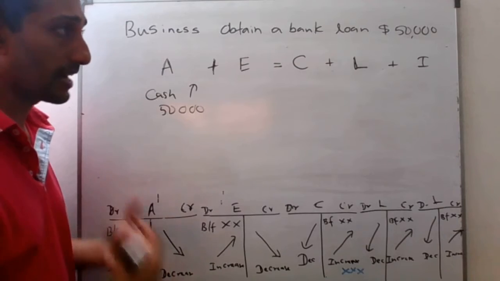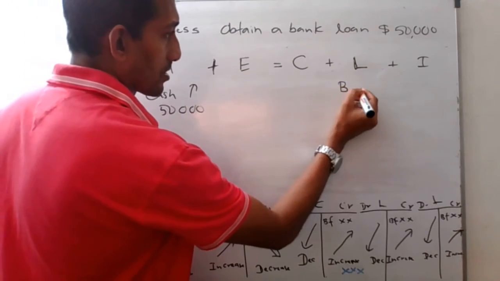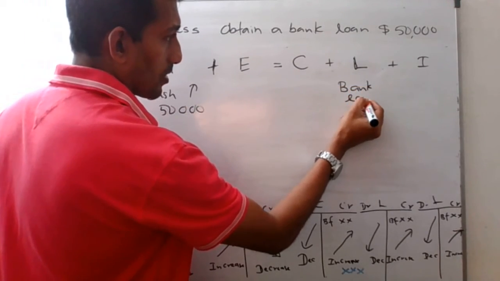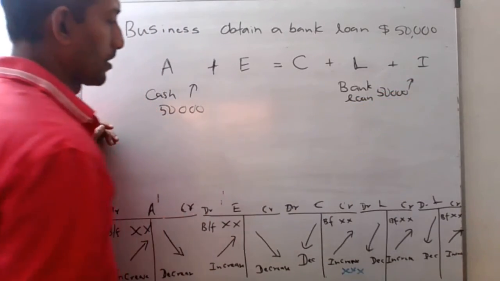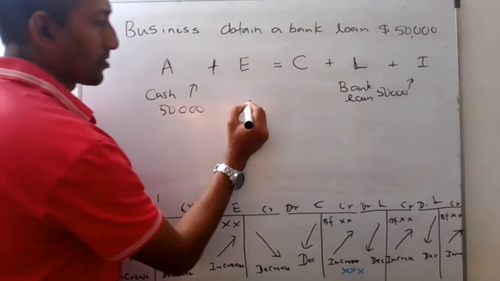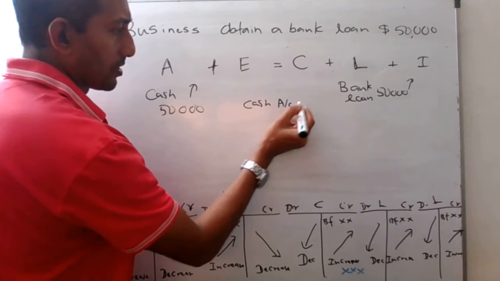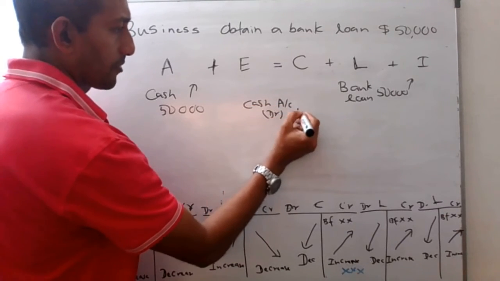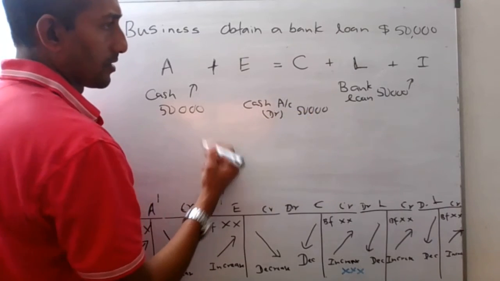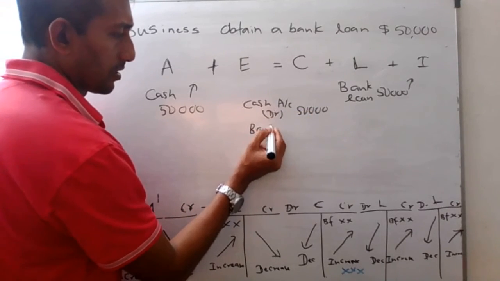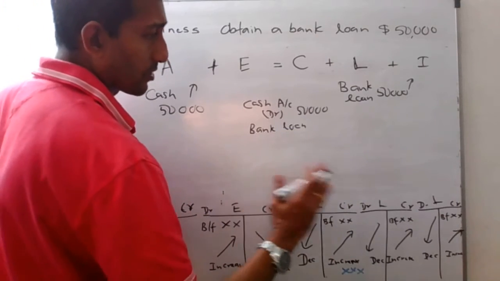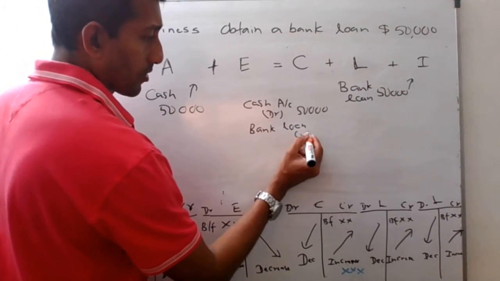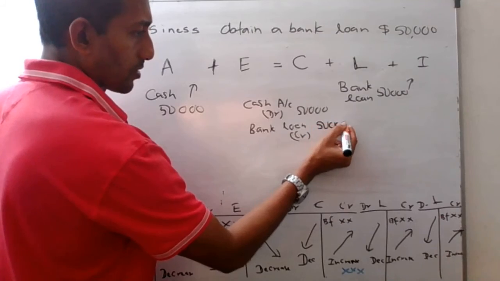So we are going to create a liability called bank loan of 50,000. So cash is going to be debited by 50,000, and the bank loan, because it's a liability and we need to increase that bank loan, we are going to credit 50,000.